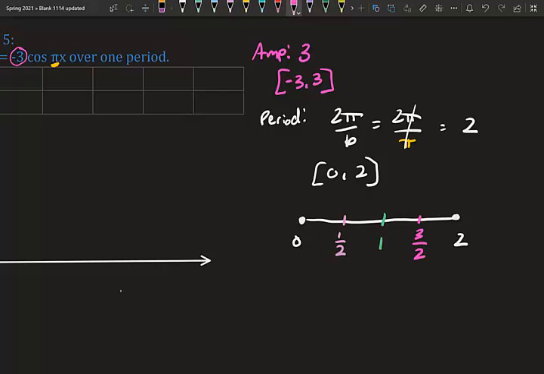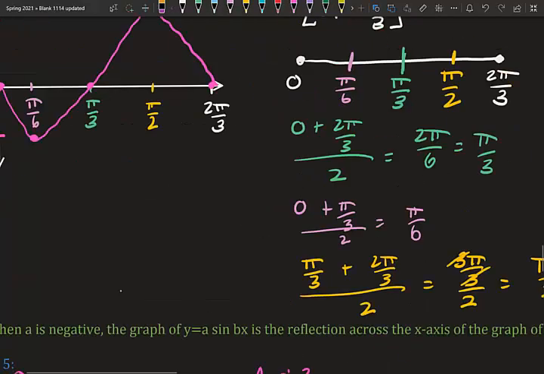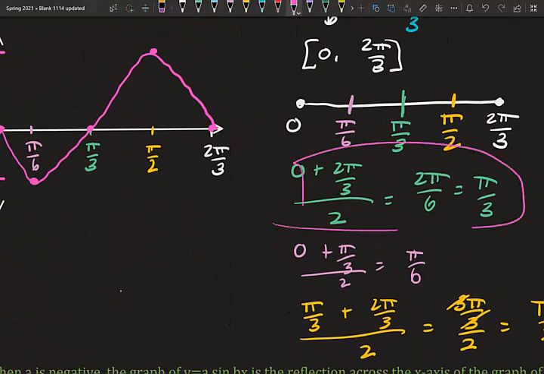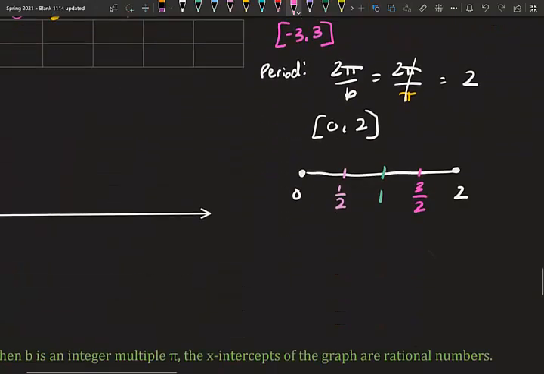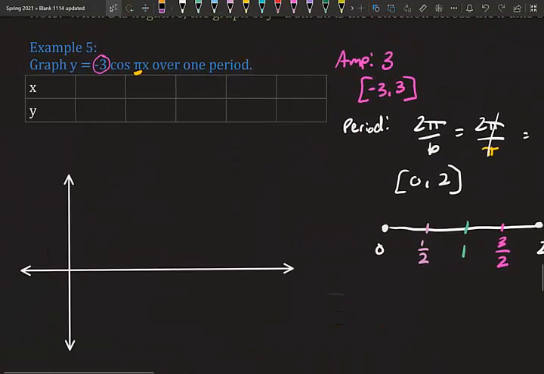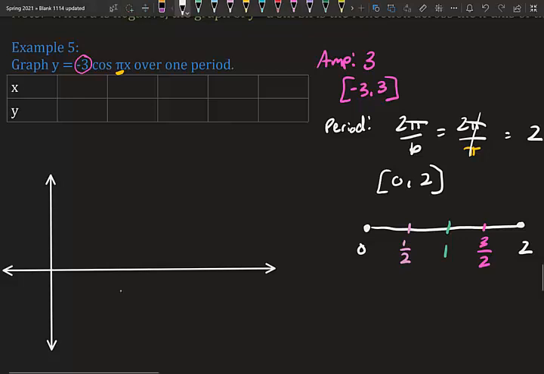Because this is 0, this is 1/2, this is 2/2, this is 3/2, this is 4/2, which simplifies to the numbers above. You could also do it this way where we add the numbers and divide by 2. Alright, so we have our x values: 0 to 2, and we have 1/2, 1, and 3 over 2.